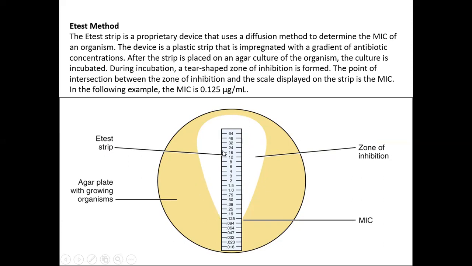And if the antibiotic acts, the bacteria will not grow nearby these antibiotics. And the minimal concentration which prevents the growth will be measured. And this is the minimal inhibitory concentration of antibiotic, the minimal concentration which prevents the growth of bacteria.